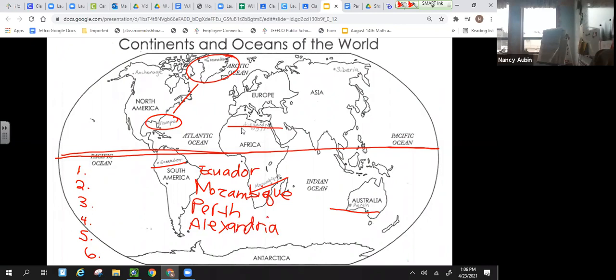And you have Siberia way up here. And don't forget Anchorage in Alaska, way up here. So that's 6 different cities. 1, 2, 3, 4, 5, 6. You're going to have to put them in order with the graph or table that you are given.